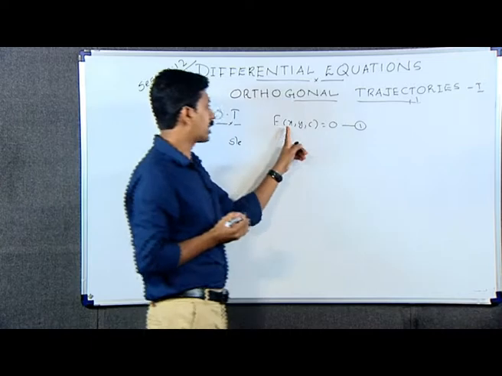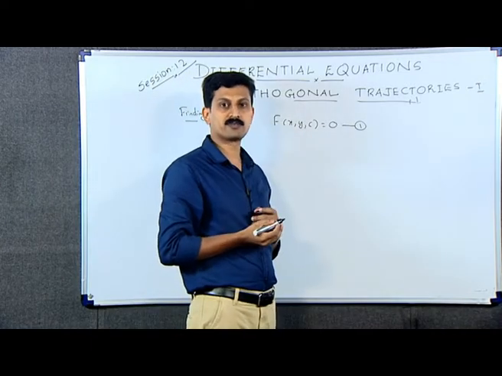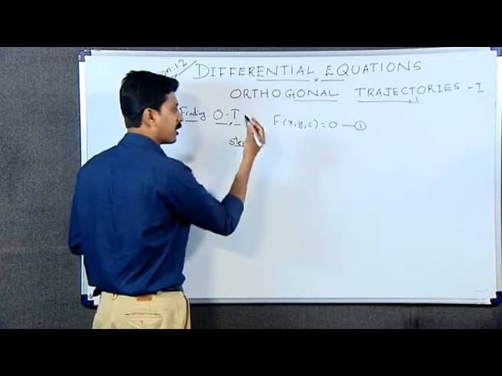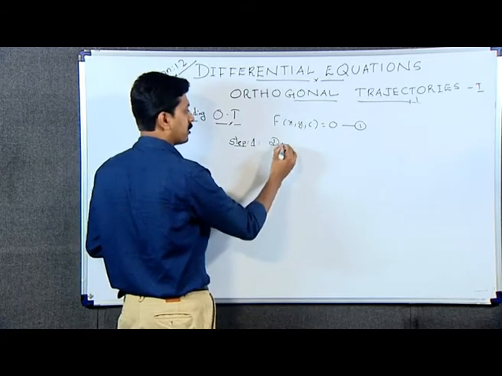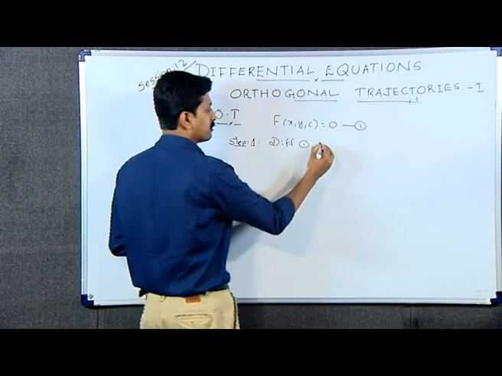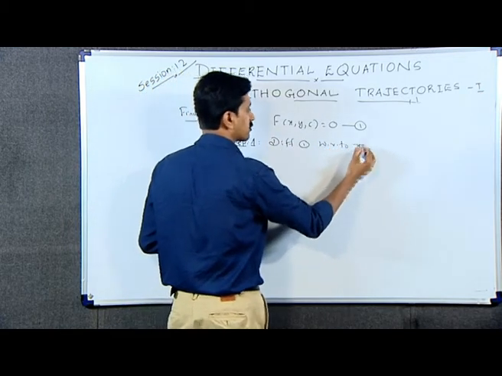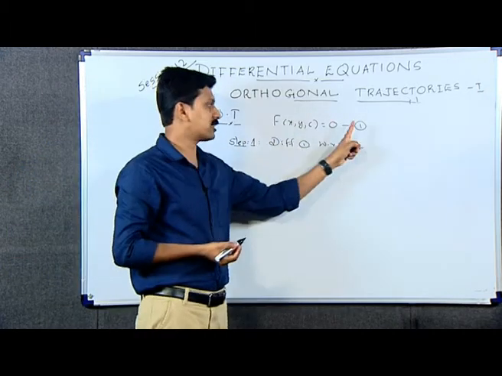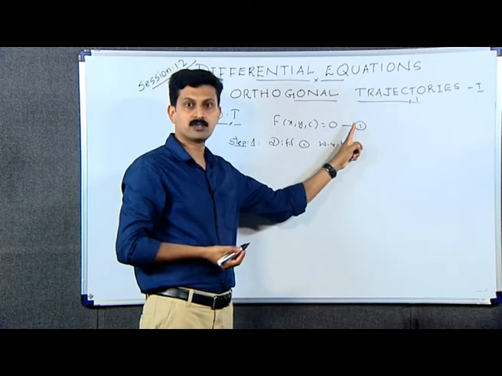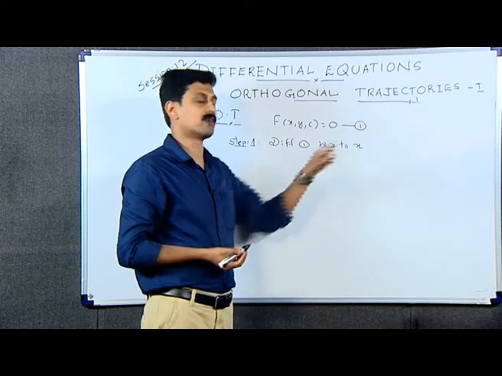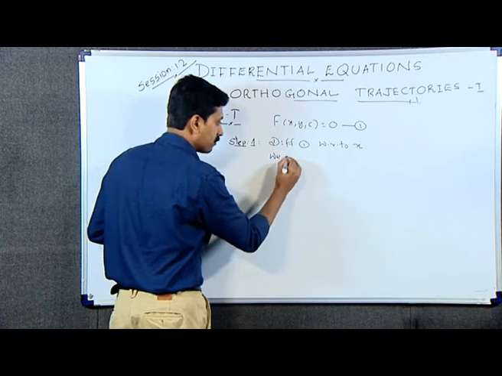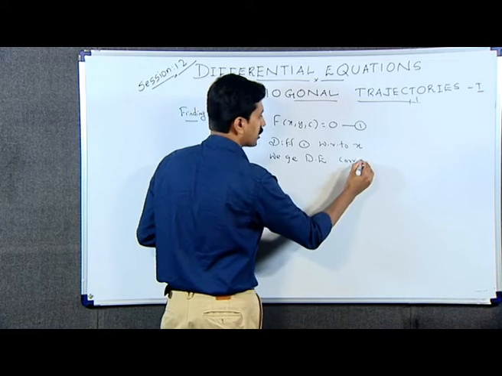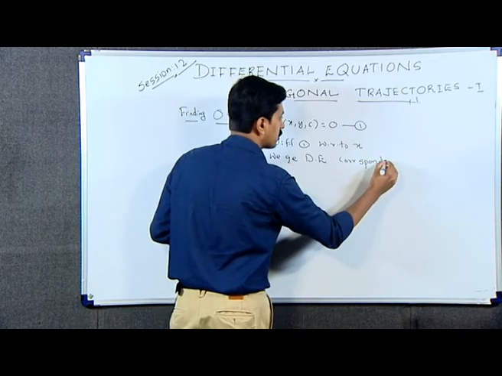We are given f(x, y, c) = 0, and in step 1 we will differentiate 1 with respect to x. What will happen? We will have a differential equation corresponding to the family of curves 1. We get an ordinary differential equation corresponding to 1.